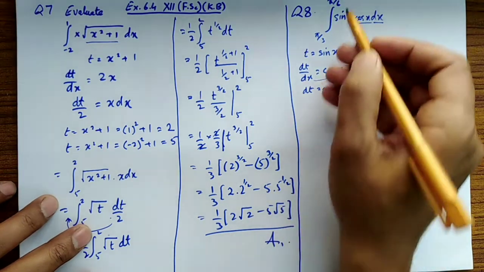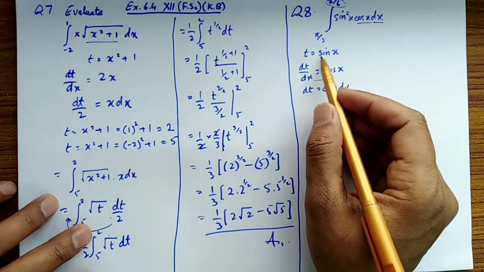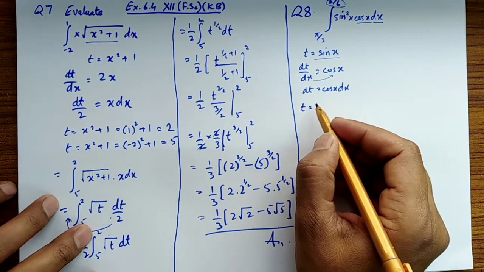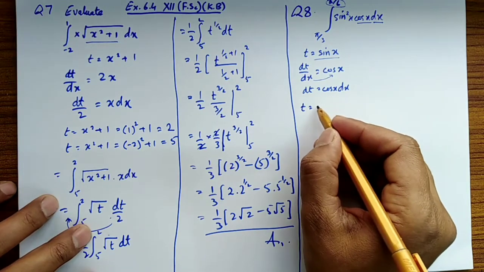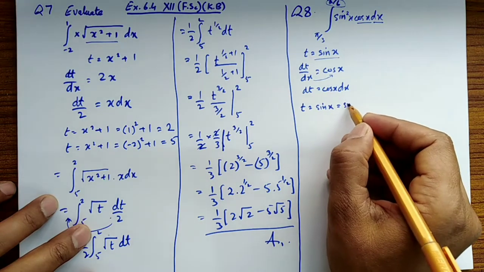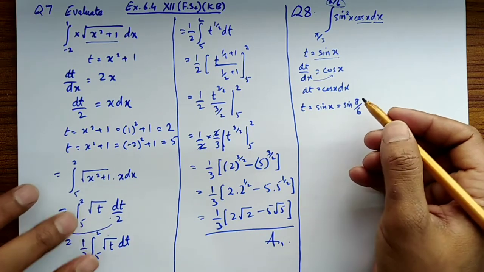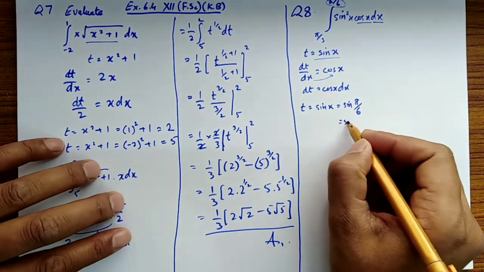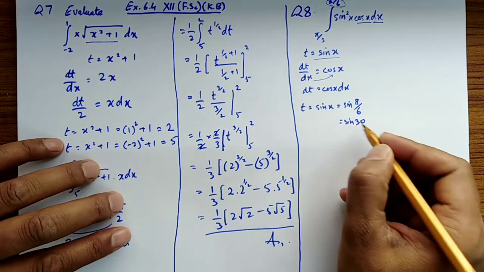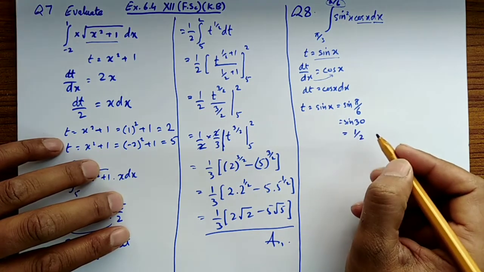And now changing the values of the upper limit and lower limit, we are going to put these values into t equals sine x. In place of x I am going to put this value of pi upon 6. So sine pi upon 6 means sine of 180 divided by 6, which is 30. So sine 30 is equal to 1 upon 2, right?